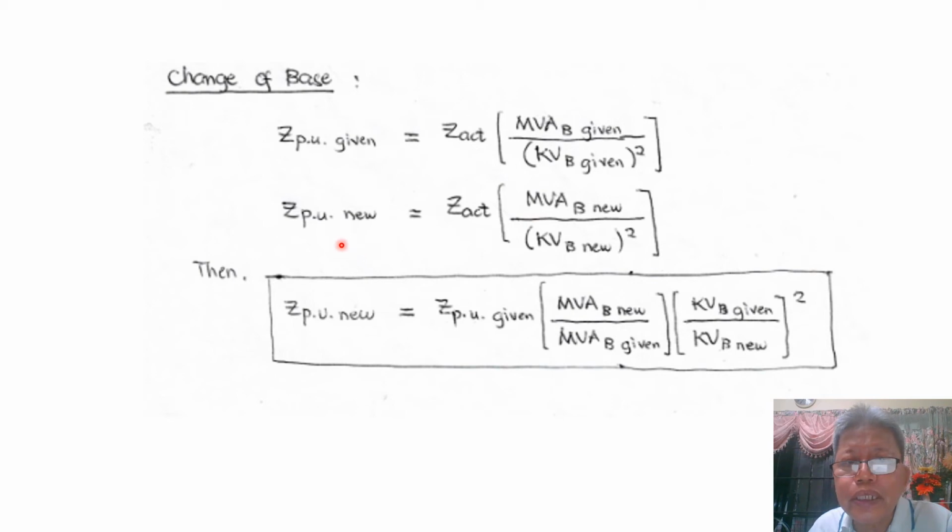So if the chosen MVA base is different from their MVA ratings, and usually the voltage of the generator and the transformers remain the same, then when we use a new value of MVA, we have its new per unit value equal to the Z actual times the MVA base new divided by its base voltage squared.